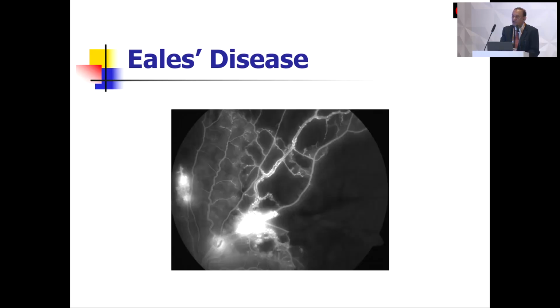This is a very good example, and here you can see that besides vasculitis and neovascularization, you have large areas of capillary non-perfusion.